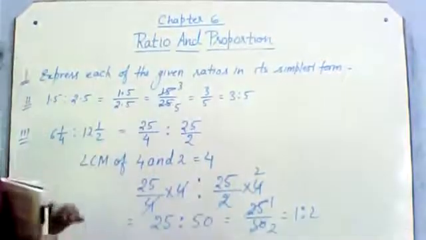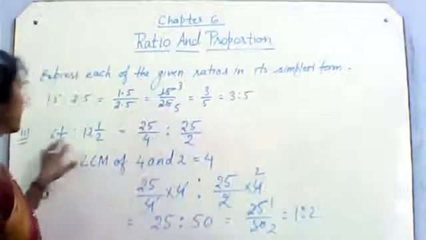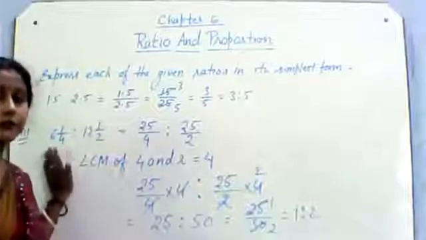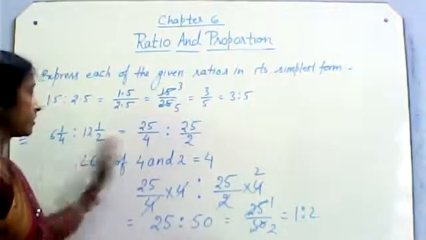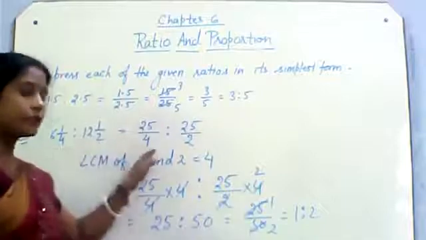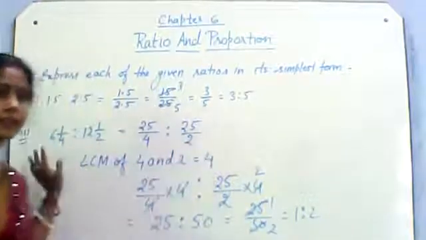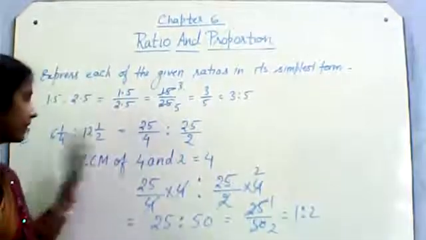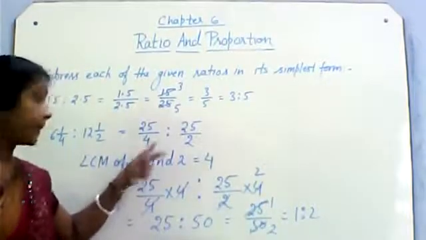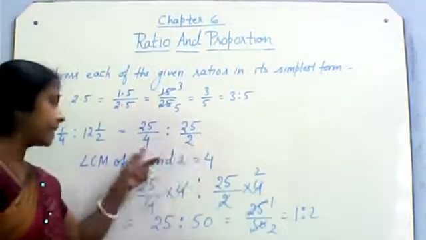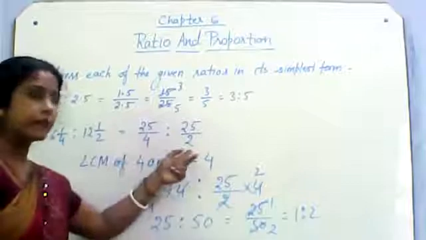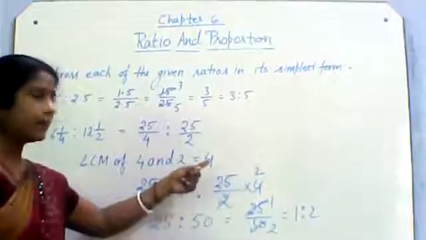And repeating this method, whenever you get the ratio in fractional form, first of all you have to change it into an improper fraction if it is in mixed fraction. Then find out the LCM of the denominators. Whatever LCM you get, multiply each term of the ratio by that LCM.